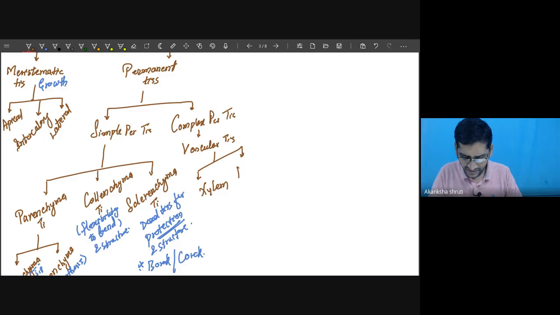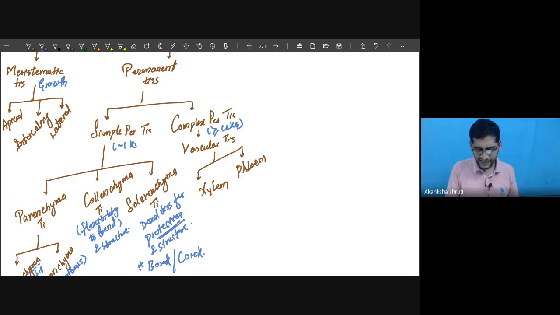The other one is called phloem. Now this complex tissue contains more than one kind of cell. The number of cells is always more than one, whether simple or complex, but in simple tissues there is only one kind of cell, while complex tissues have more than one type.